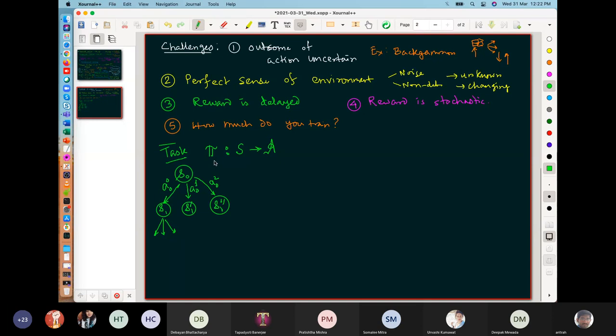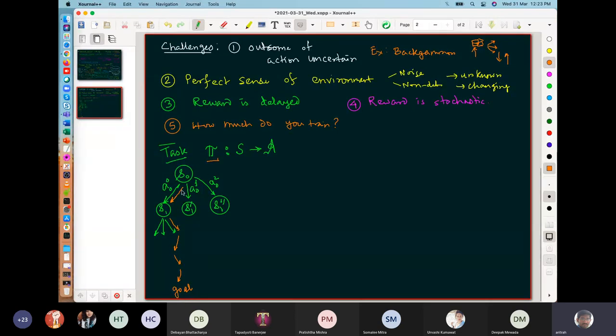Now, what does a policy mean? A policy means a pathway. It is which of the actions you select one after another so as to reach your goal. That is what the policy is all about. Since my reward is delayed, somehow I need to embed the reward through the path of the policy that I select.